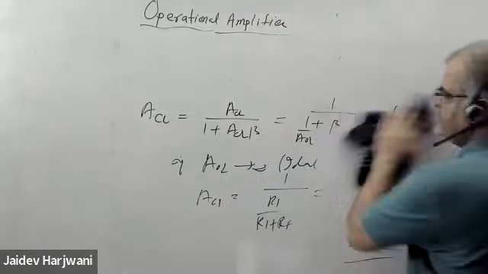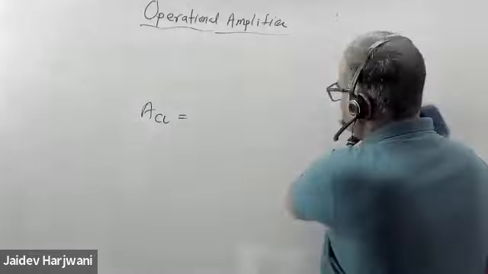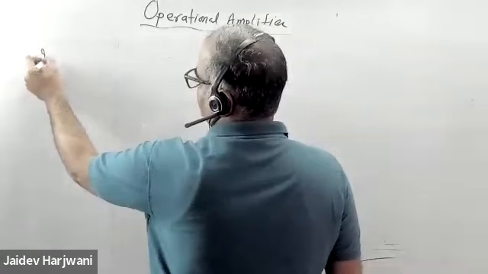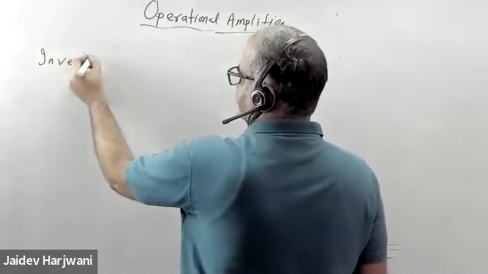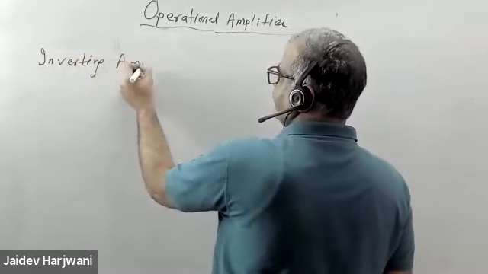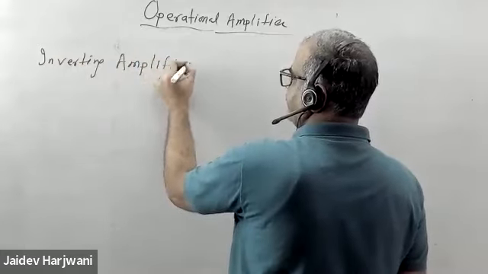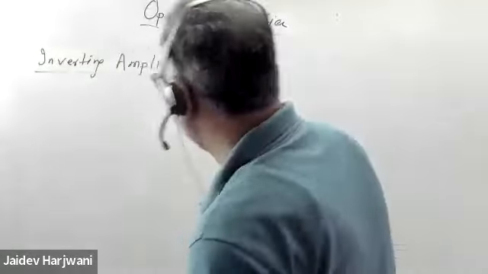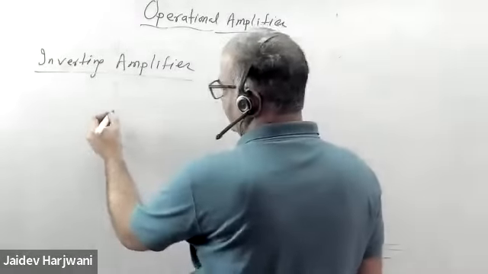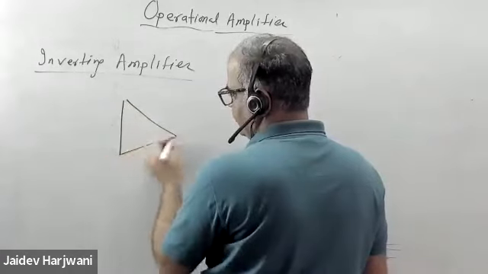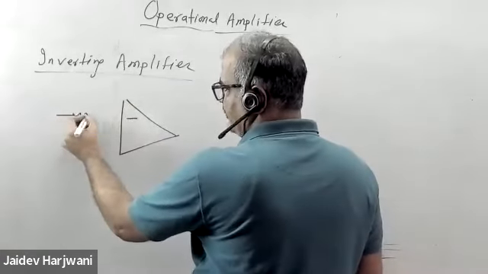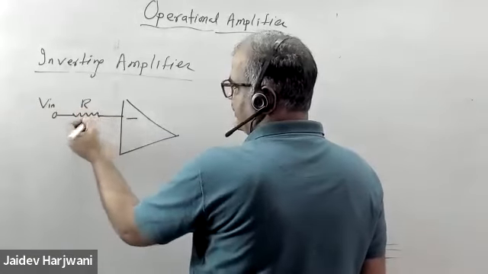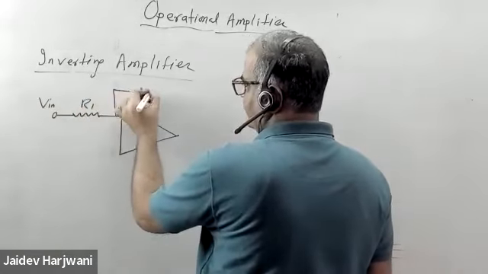So now let us do the inverting amplifier. Inverting amplifier means the loop is the same, it is still negative. Now you give the input to R1, and there is also feedback.